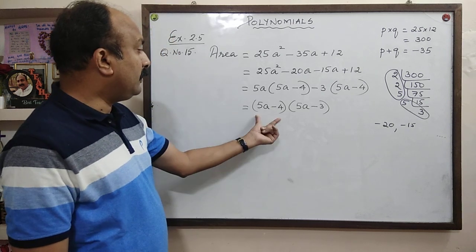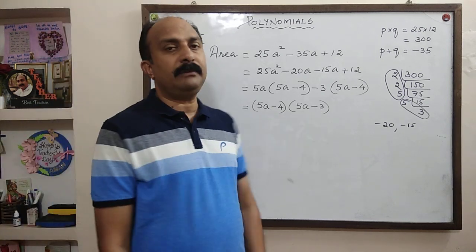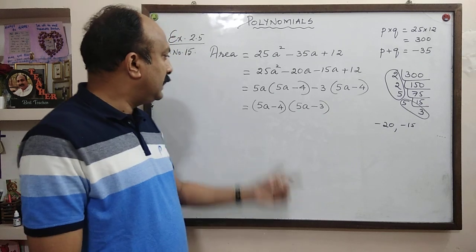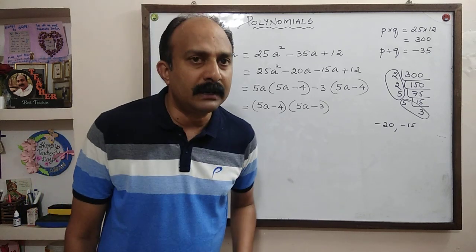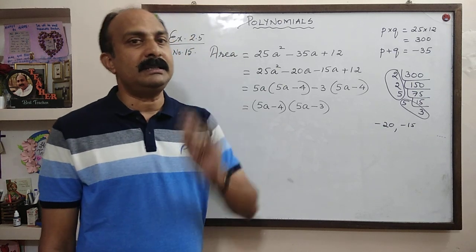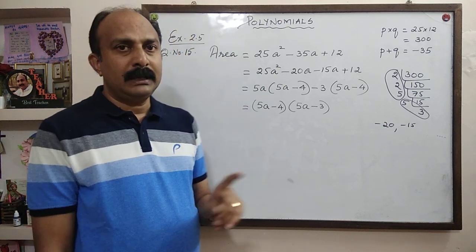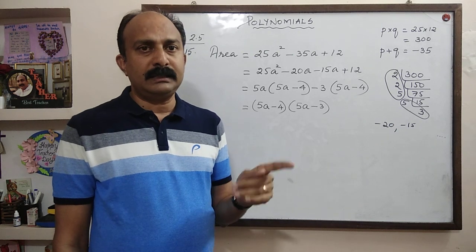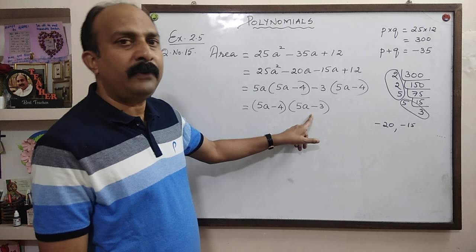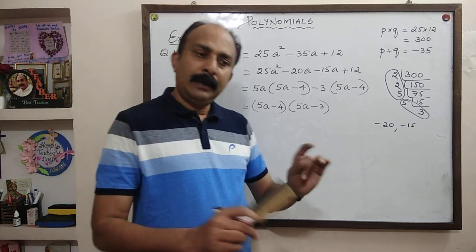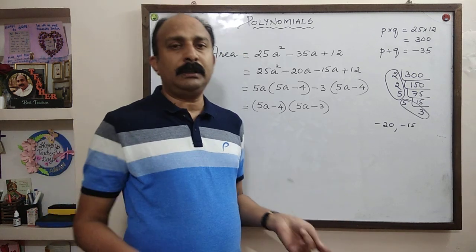So one of them will be length and the other one will be breadth. We know that among 5a minus 4 and 5a minus 3, which one is bigger? 5a minus 3 is larger. So normally the larger one is taken as length and the shorter one is taken as breadth. So what can be the length here? 5a minus 3. But this is not possible in all the questions.